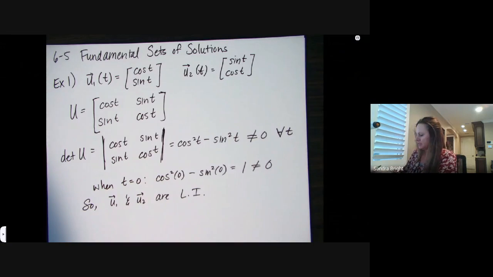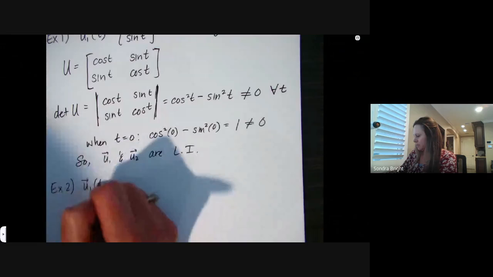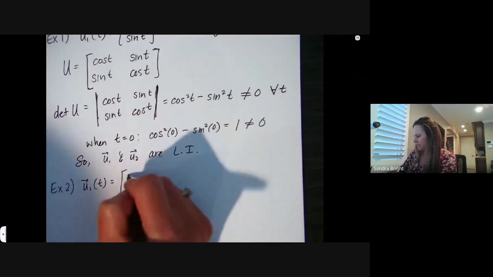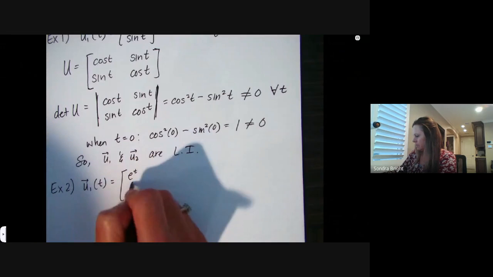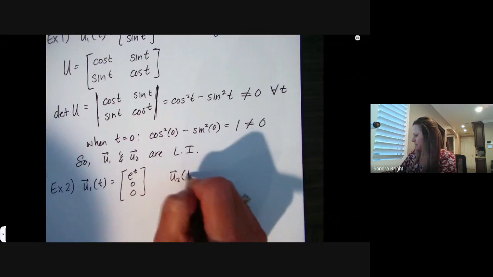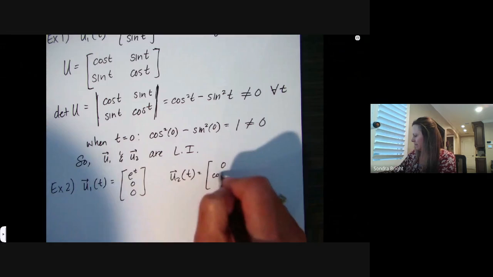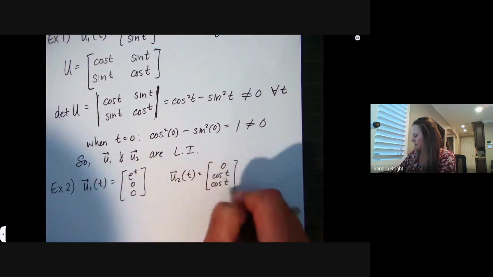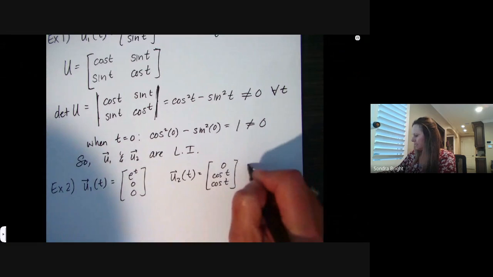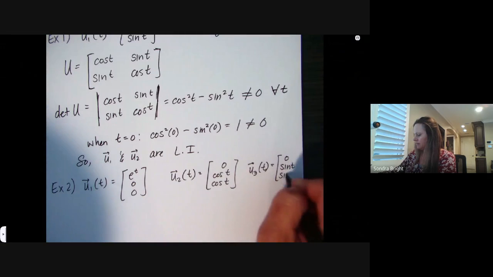All right, let's do another example. If u1 is e to the t, 0, 0, u2 is 0, cosine of t, cosine of t, and u3 is 0, sine of t, sine of t.